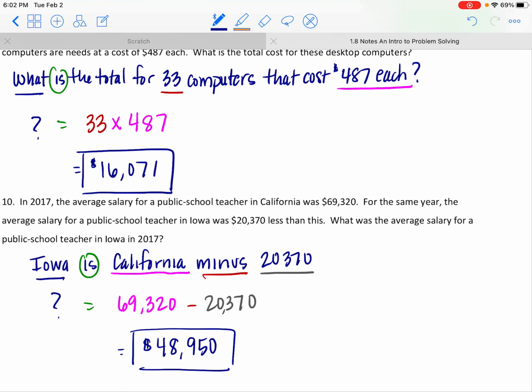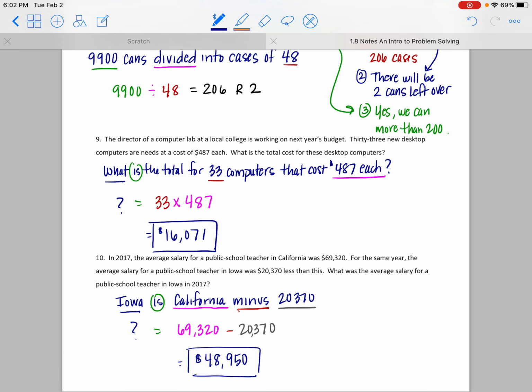But that's a lot less. The cost of living, though, in Iowa is tremendously less than it is in California. Sadly, though, that average salary in Iowa is still far exceeding what the average salary is for a public school teacher in Arizona.